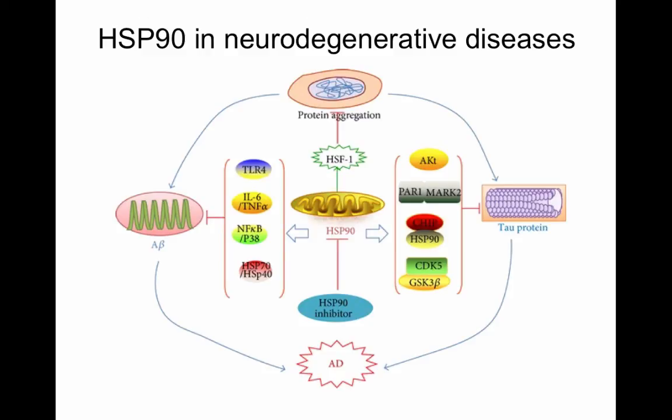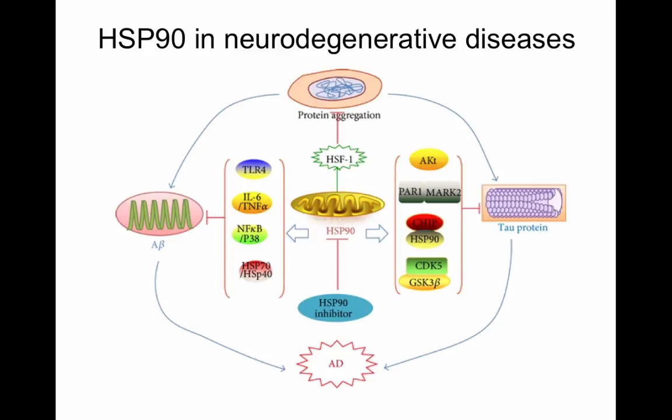One of the models is shown here, where the inhibition of Hsp90 with, say, small inhibitors activates the heat shock protein transcription factor, or HSF1, which induces expression of Hsp70 and Hsp40, as well as other chaperones, which in turn promote dissolution and protein degradation of the plaques and tau aggregates.